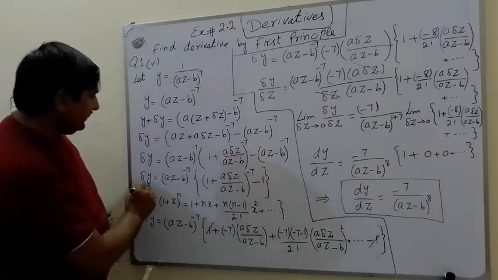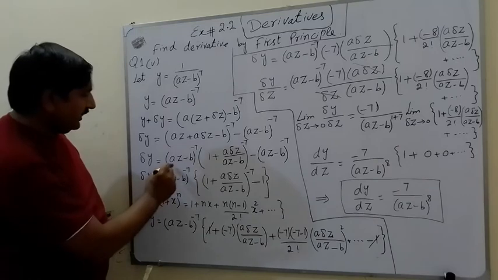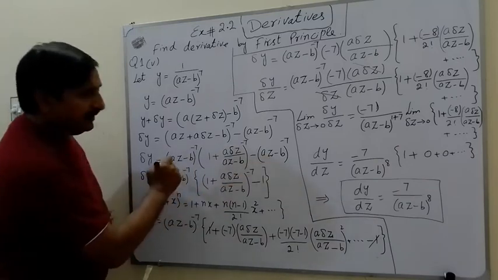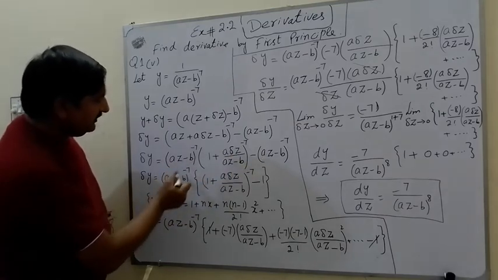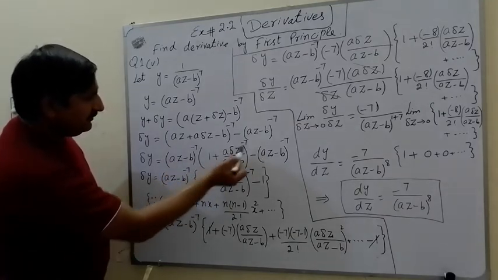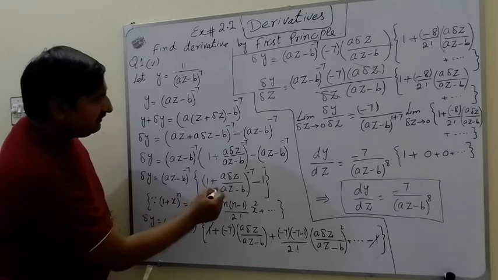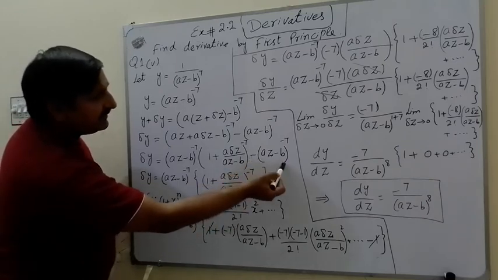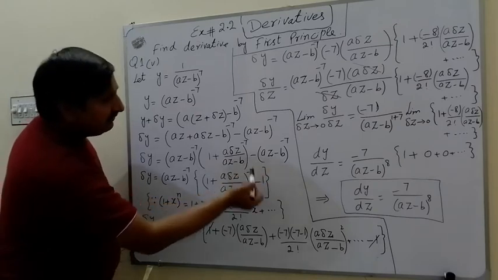So I write del y equal to (az minus b) raised to power minus 7. I take it common from these two terms, the first one and second one. Whenever I take it common, only the left value is 1 plus a del z over (az minus b), raised to power minus 7, and instead of this, because I take it common, it becomes minus 1.